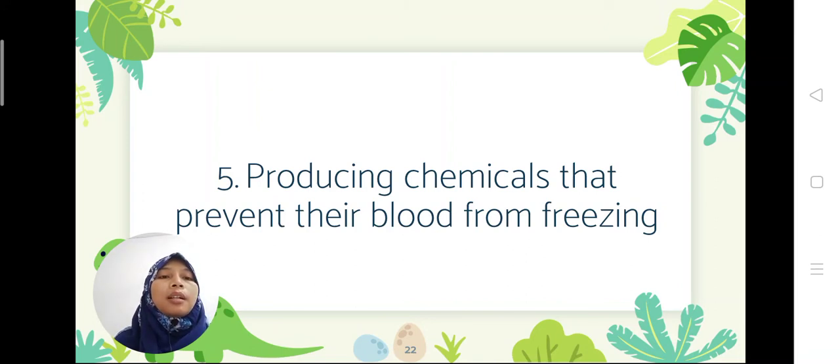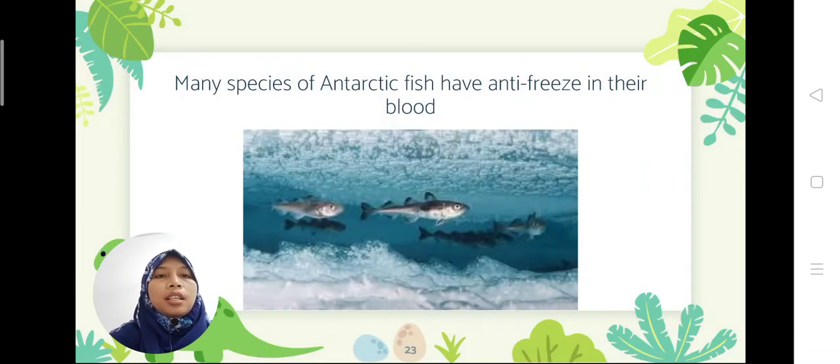It helps their body and their blood keep flowing. For example, many species of Antarctic fish have antifreeze in their blood. This is the chemical produced in their body that regulates their blood regularly.